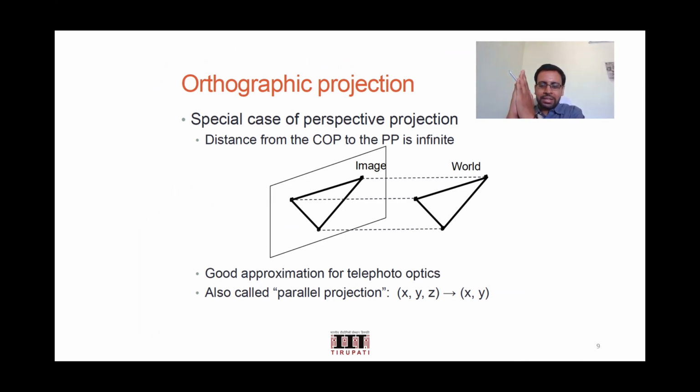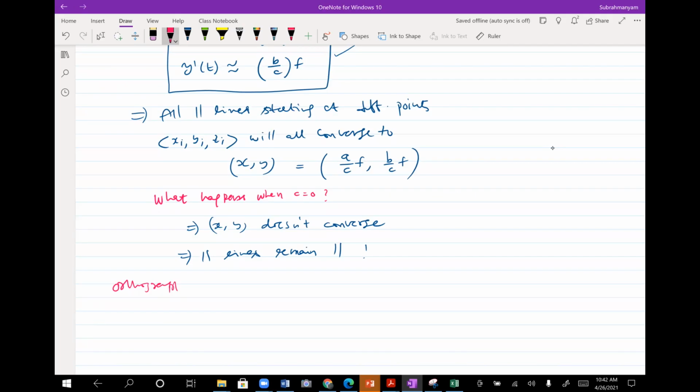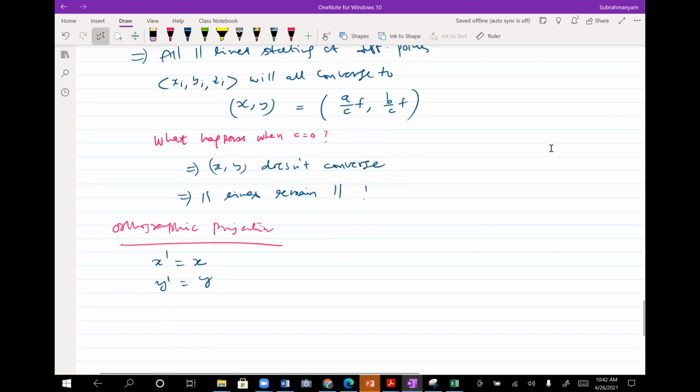You would come across this later if you work in an area that requires these projections. So XYZ would simply become XY, where X dash is equal to X and Y dash is equal to Y.